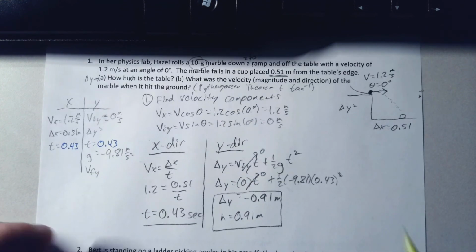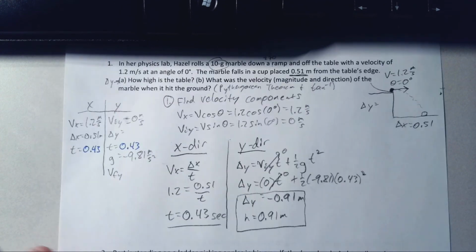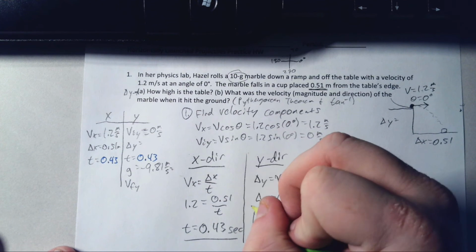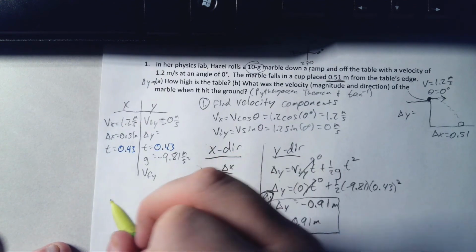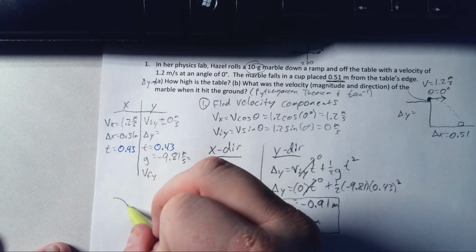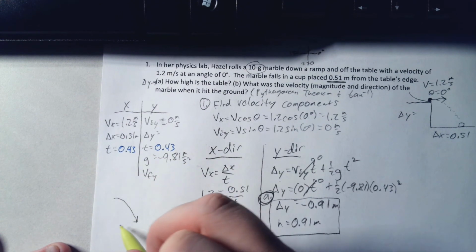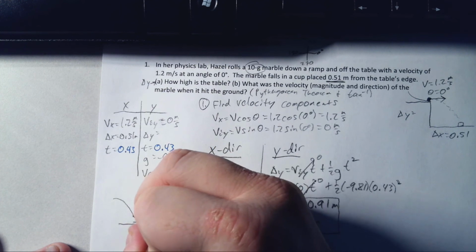Now I've added this question here: what is the velocity, magnitude and direction, of the marble when it hits the ground? This is part A right there. If we want to conceptually understand what's happening here, when it hits the ground, it's going to be going in a specific direction.